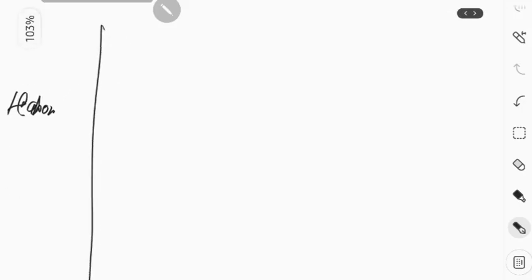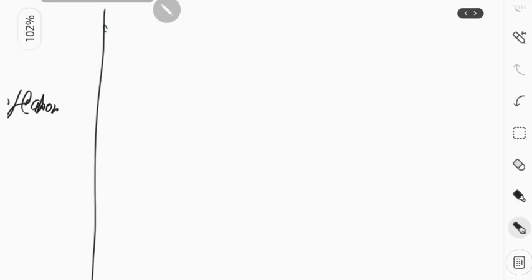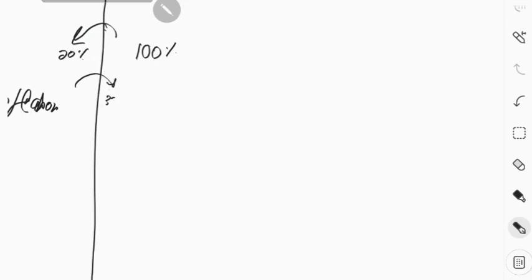There was a simple way I told you. All you need to do is understand that out of 100%, we did not have to pay 20% in the previous example. Now we need to pay 30% extra.